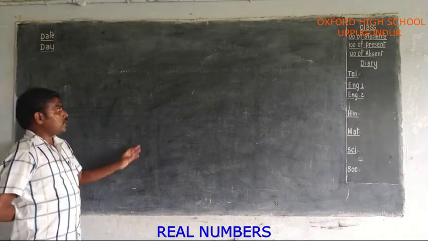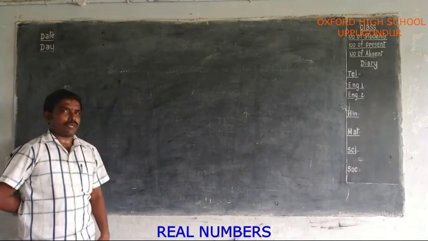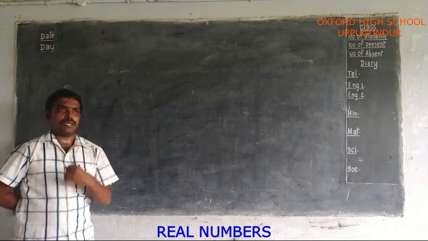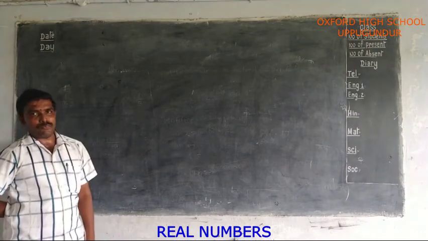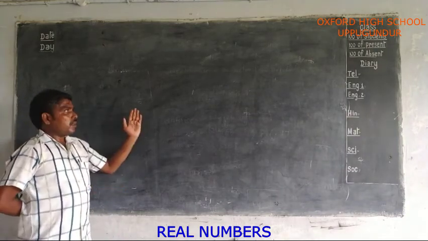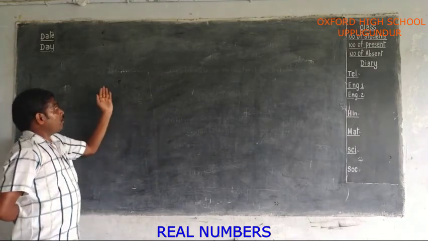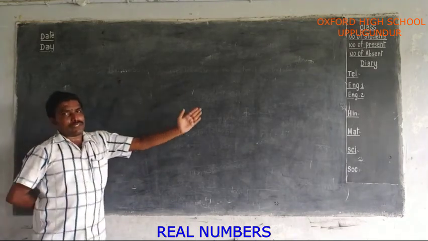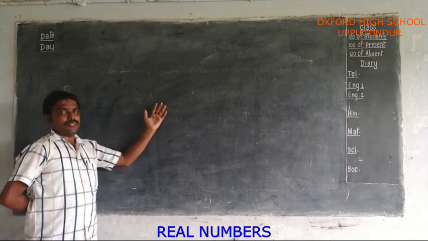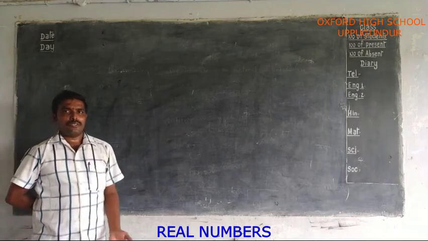When you write the decimal forms of any rational number, you will get two types of decimals: terminating decimal and non-terminating repeating decimal. How do you convert terminating decimals into rational form? How do you convert non-terminating repeating decimals into rational form? These are the topics we covered in this video. The remaining topics I will tell you in the next video.